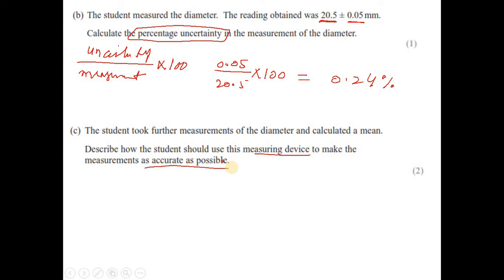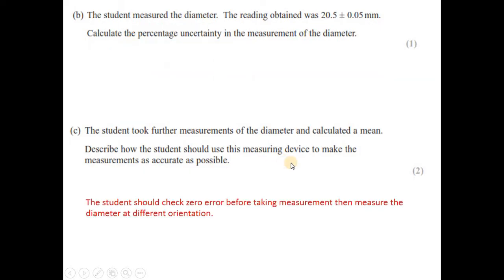Moreover, you can include checking the zero error before starting your measurement. So check the zero error and then take the measurement at different orientations. She is already taking the mean value here, so you don't need to write that in this answer.